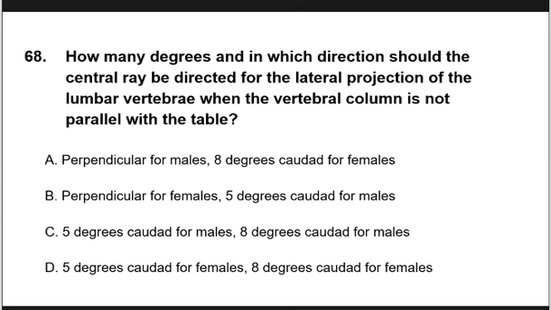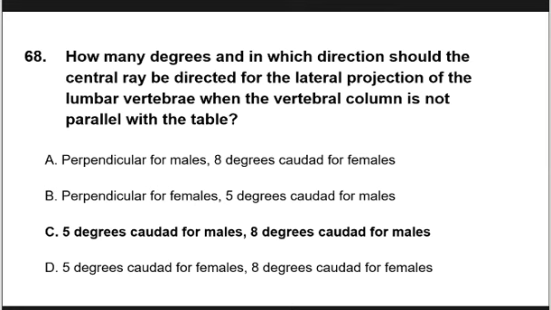So sa lateral projection sa lumbar vertebrae, meron tayong tatlong projections dyan, di ba? So first we have the AP axial projection, we have the AP projection, we have the AP oblique, and we have the lateral. So sa lateral projection, the central ray, kung hindi nakaparallel ang vertebral column with the tabletop, then we have to angle the tube.